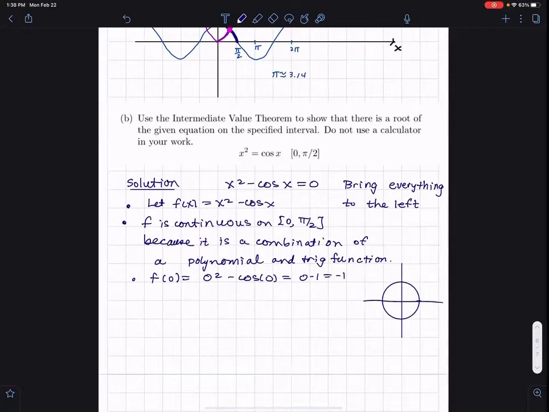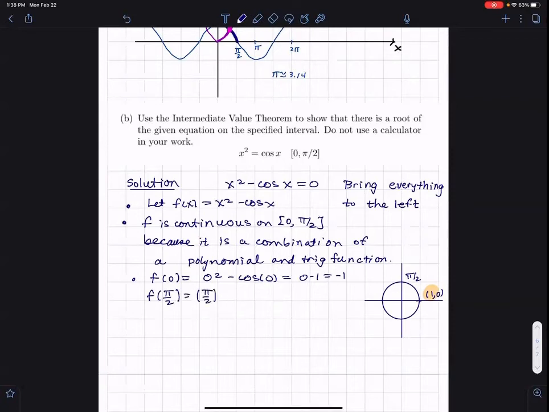And then at 0, I have 1, 0. So, 1, 0. Okay. All right, so remember, cosine's the x coordinate. All right, then at f of pi over 2, I have pi over 2 squared.